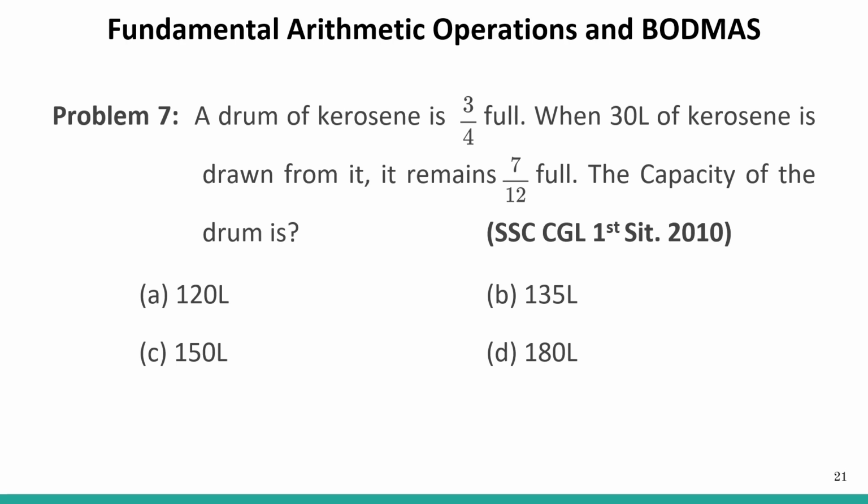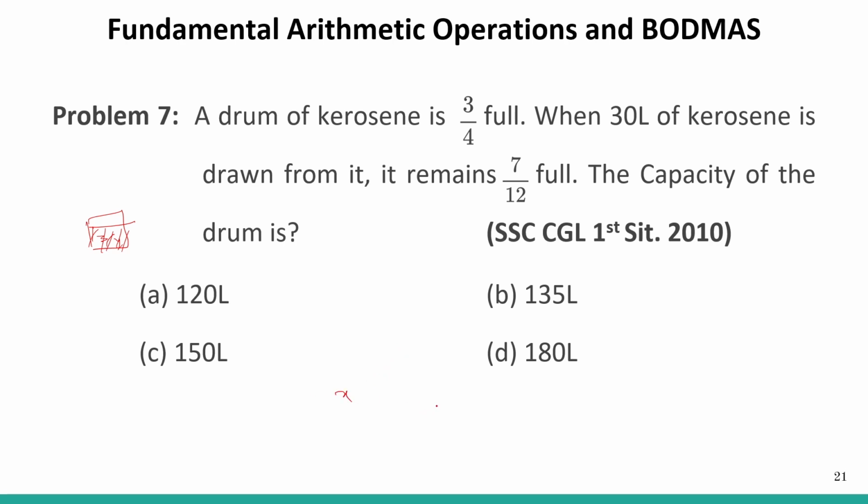Okay, so the drum of kerosene is 3 by 4 full. So when 30 liter of kerosene is drawn from it, it remains 7 by 12 full. Okay, let the capacity of the drum be x.